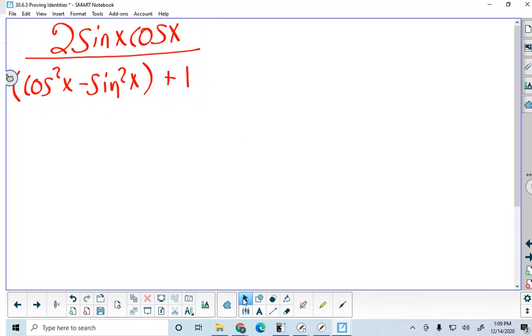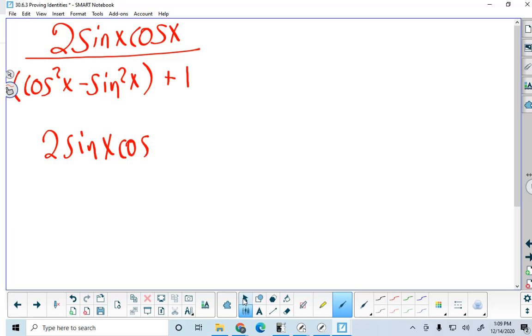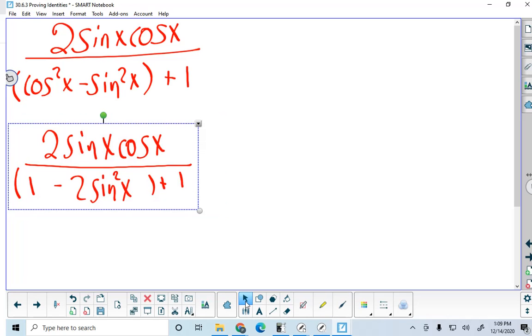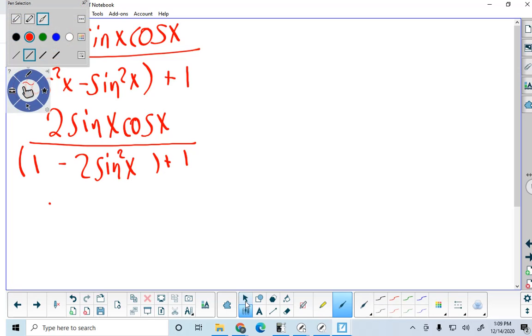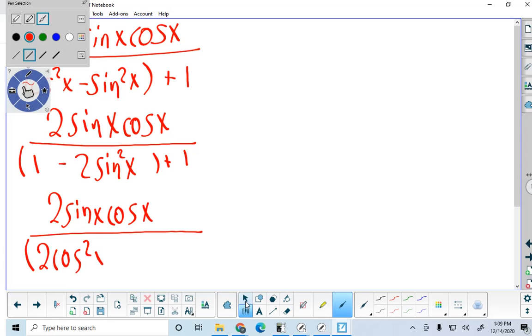I have to ask myself, if I do this and I decide to put in 1 minus 2 sine squared of x, which is also cos of 2x, is that helpful? And I have to ask myself if I do the following. And I realize that as I'm doing this, a lot of you already have the answer to where we're going here. Do I put in 2 cos squared of x minus 1?